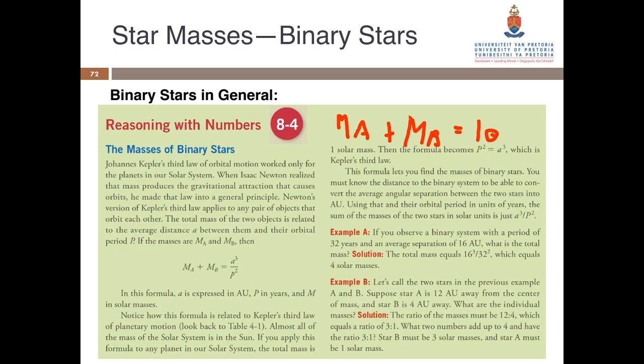So when you rewrite this equation, if you look at this equation over there, let me just clear this, that becomes 1 equals a to the power 3 over p squared.